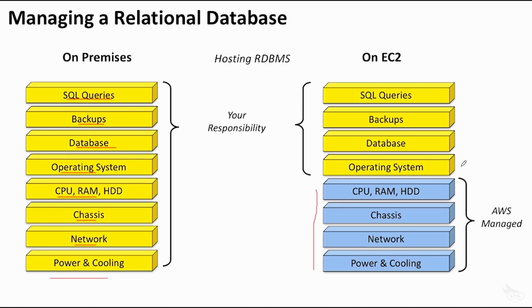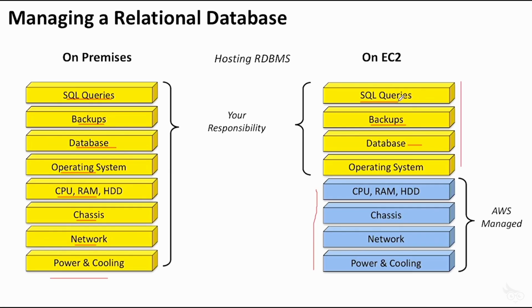So from here up, all of these things are still our responsibility. We're responsible for patching and the operating system. We're responsible for the ongoing security of that operating system and the database. So database patches are going to be up to us. Backups are going to be up to us as well. We'll have to either leverage EBS snapshots or some other kind of backup strategy. And then, of course, we're still doing our SQL queries.